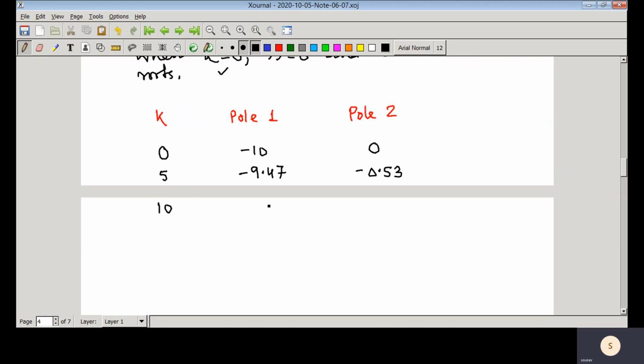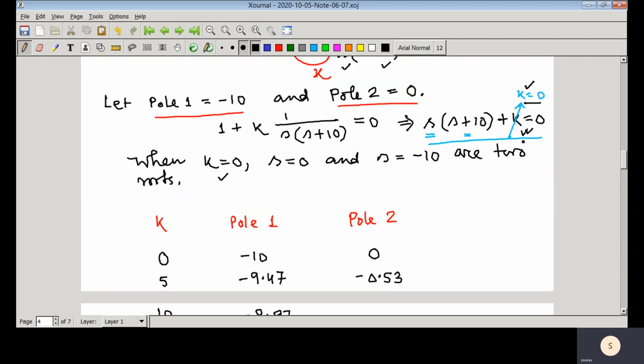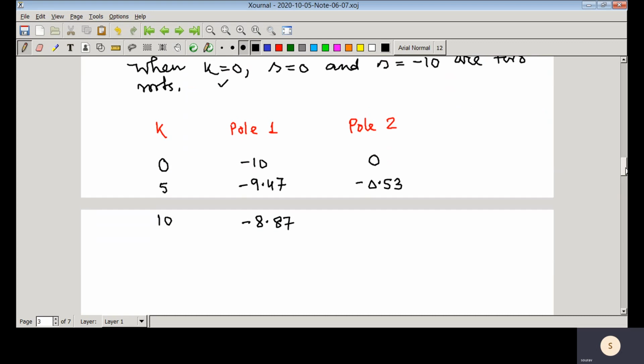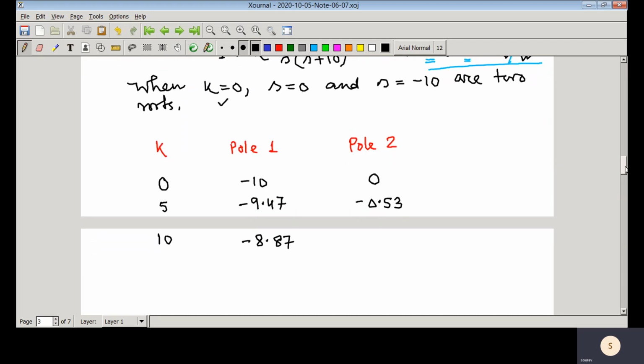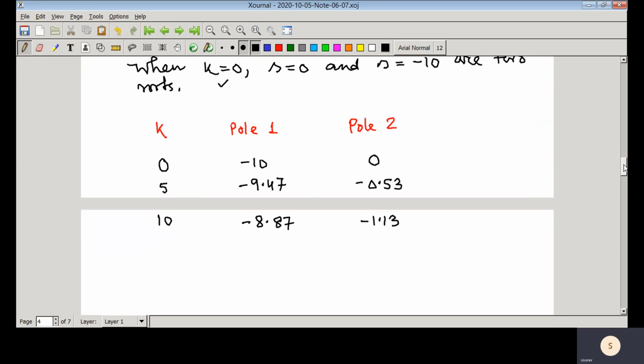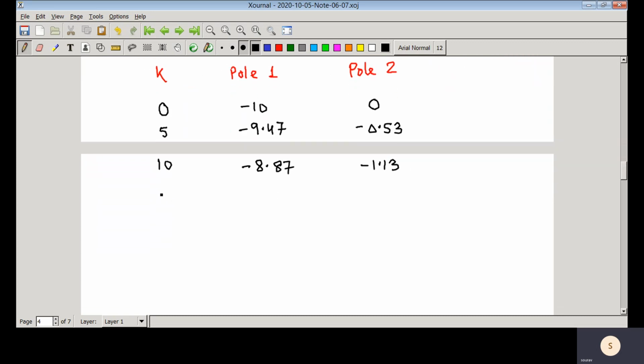Similarly, if we just continue like that, that means we are increasing the value of k. So whenever we are varying this value of k, what are the values of s1 and s2 so that that particular characteristic equation is satisfied? We get these values. We keep on increasing that value, and we are getting these values.